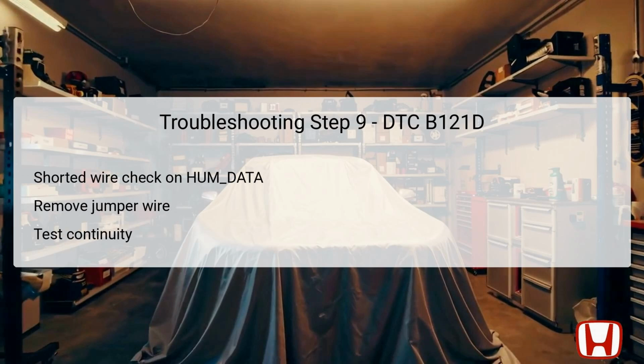The 9th troubleshooting step continues the examination for shorts along the hum data and TR lines. Disconnect the jumper wire from the setup used in previous steps to avoid erroneous readings during the continuity test. With the climate control unit and humidity sensor connectors still disconnected, check for continuity between climate control unit connector number 22, yellow, and number 23, LT blue.